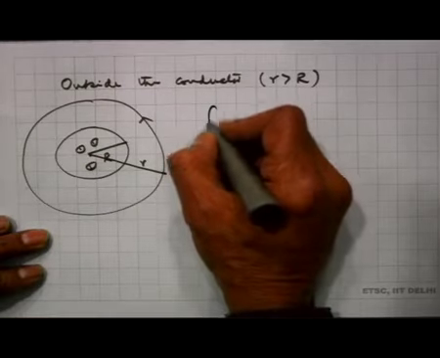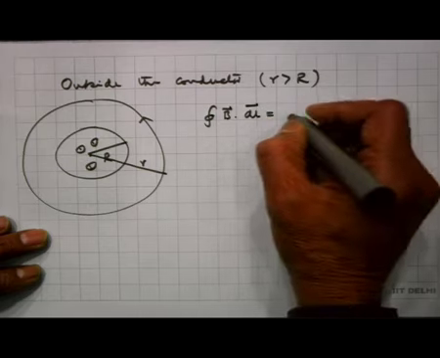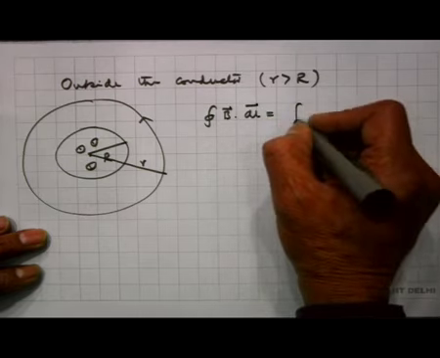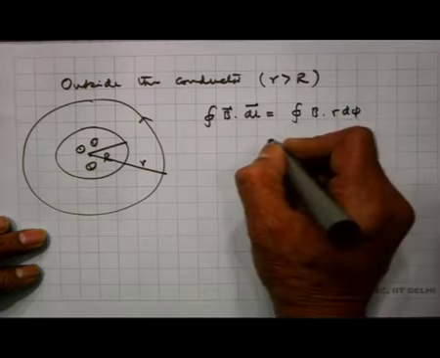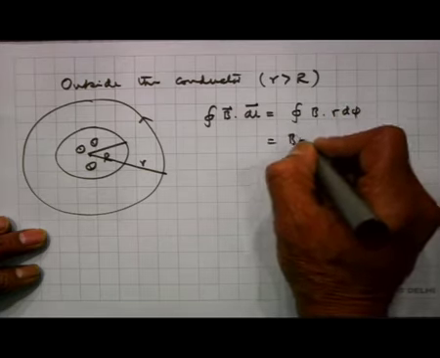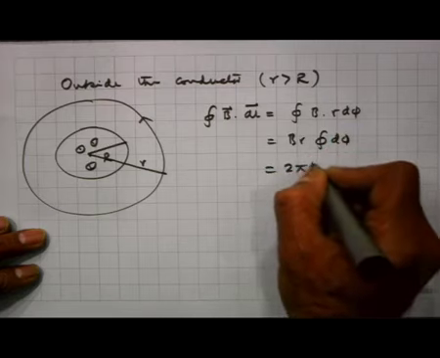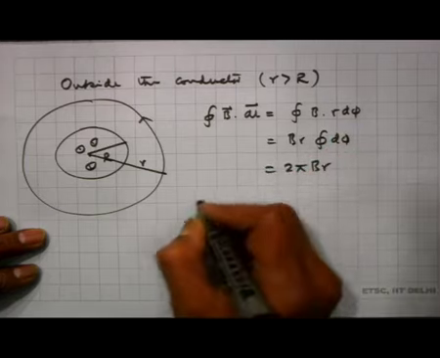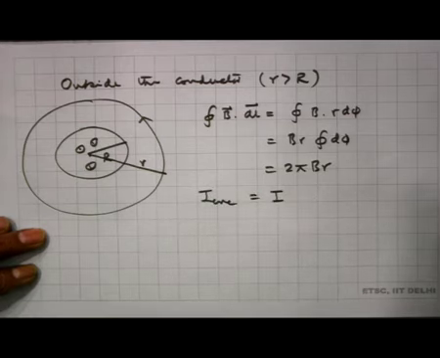That again tells me the integral of B dot dl is equal to the integral of B r d phi, which is equal to B times r times the integral of d phi, which is equal to 2 pi B times r. And the current enclosed is nothing but I, the total current carried by the conductor.